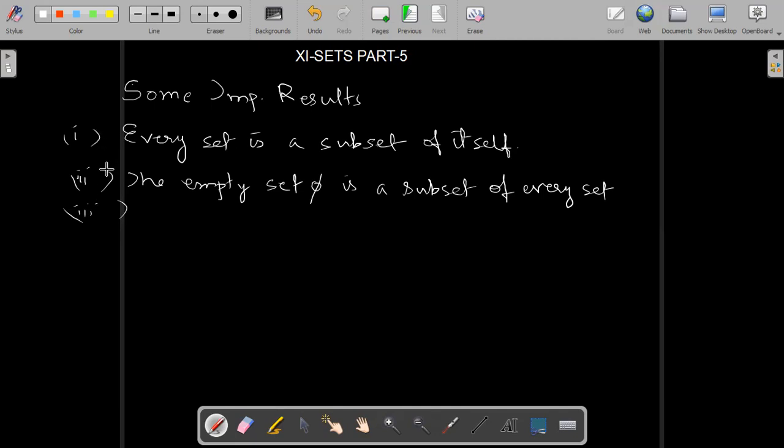Third property, the total number of subsets. You are given a set and you have to write the number of subsets of that set. How many subsets you can write depends on the cardinal number.